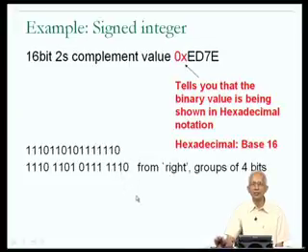But in general, a sequence of 4 bits could take on 16 different values, from 0, 0, 0, 0 to 0, 0, 0, 1 to 0, 0, 1, 0, all the way up to 1, 1, 1, 1. So there are 16 different values that a group of 4 bits could take on, and these are the 16 possible values of the hexadecimal base 16 number system.